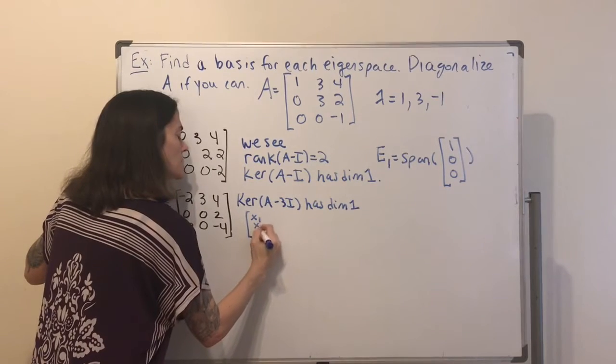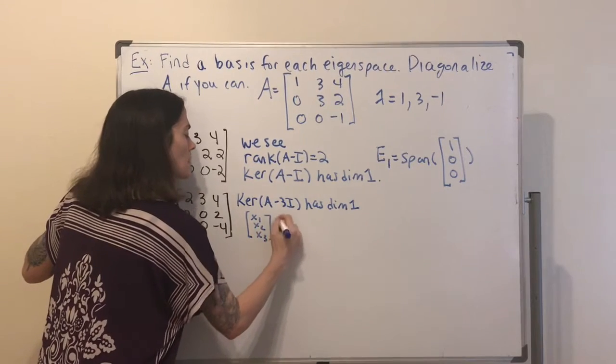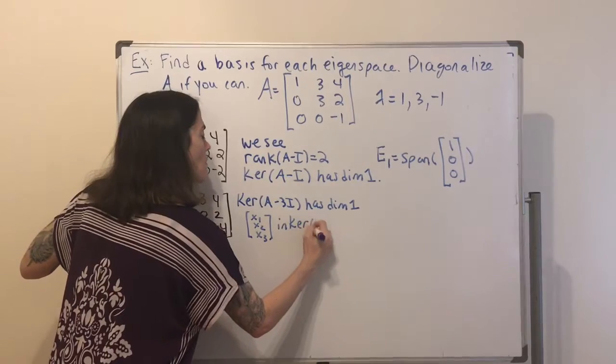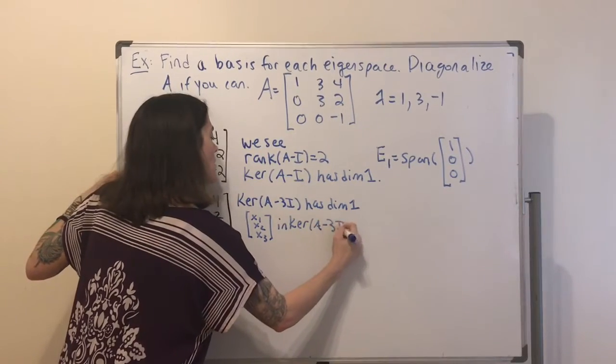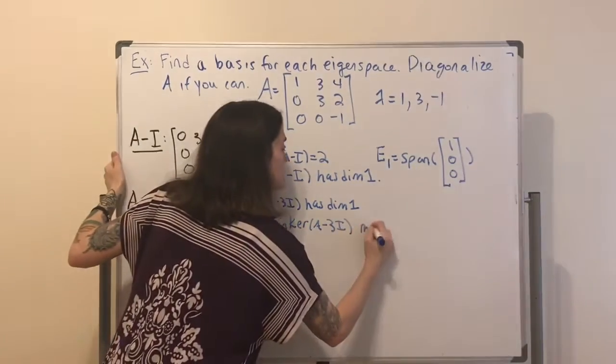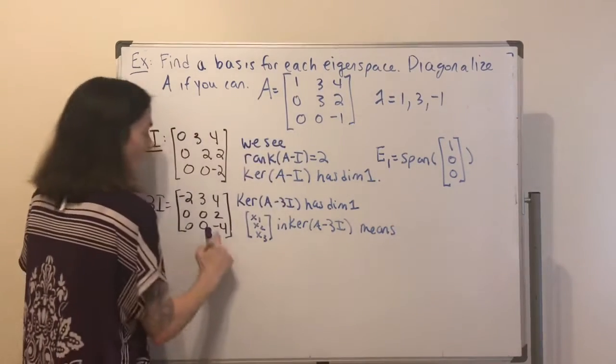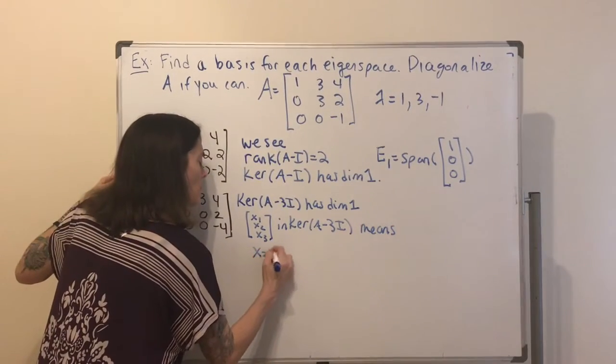Looking at either of those two equations, this means we must have x3 is 0.